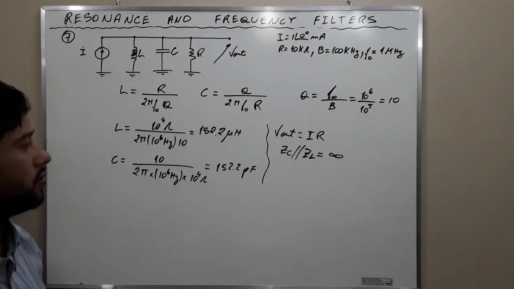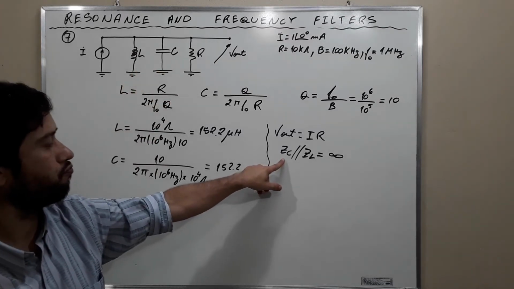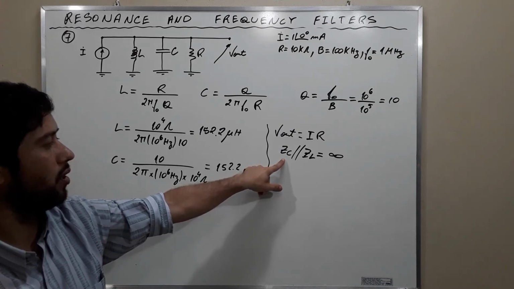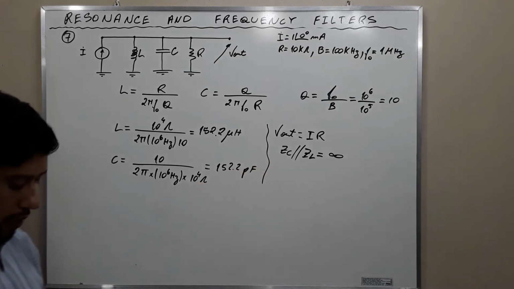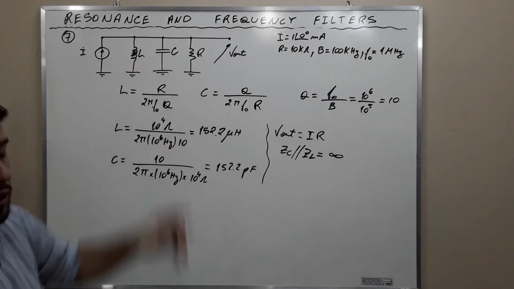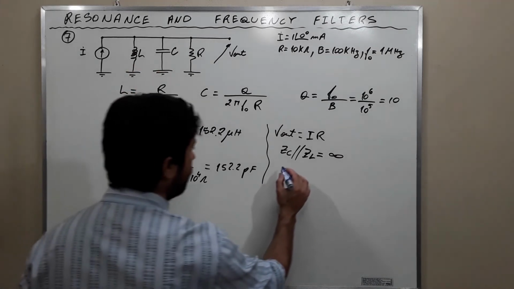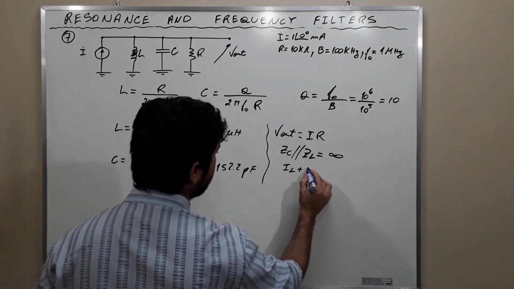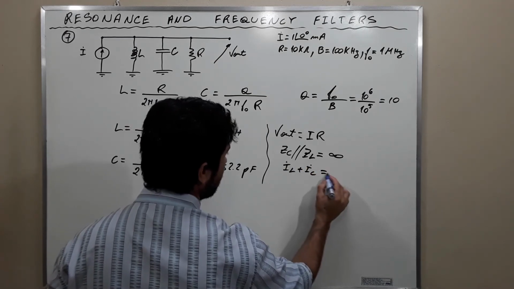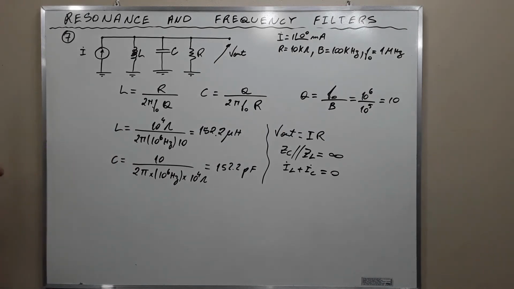They are in resonance, and they behave as an open circuit, but there is going to be current here, and IL plus IC is equal to 0, okay? The currents are the negative or the opposite of each other. This is the conclusion that we are going to take when we finish the problem.